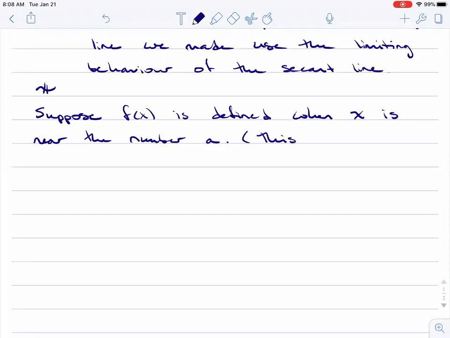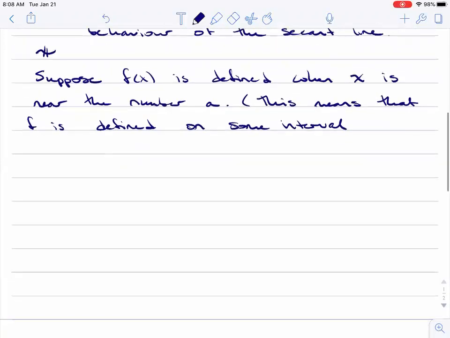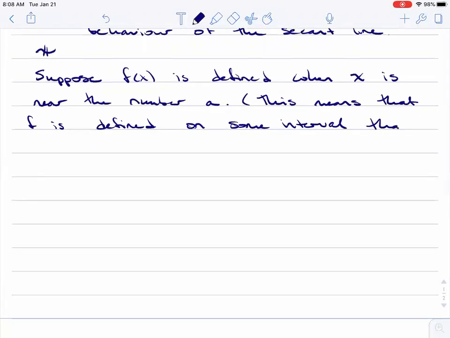So this means that f is defined on some interval that contains a, except possibly at a itself.